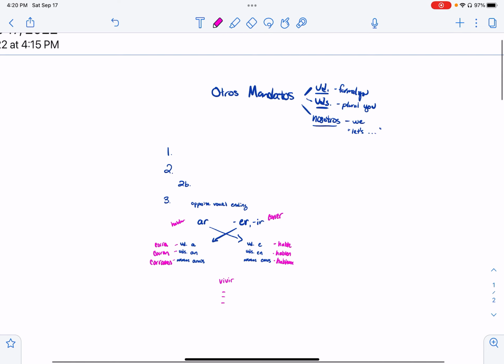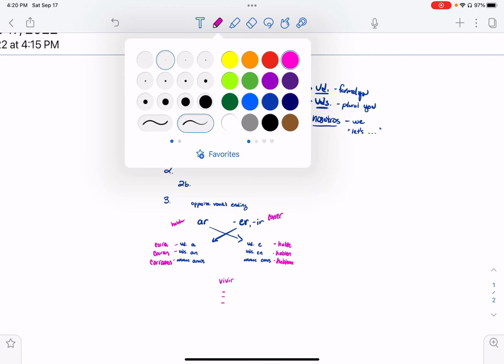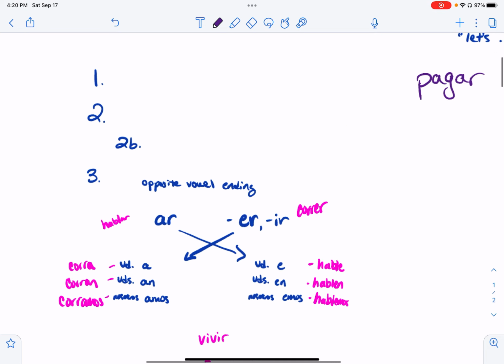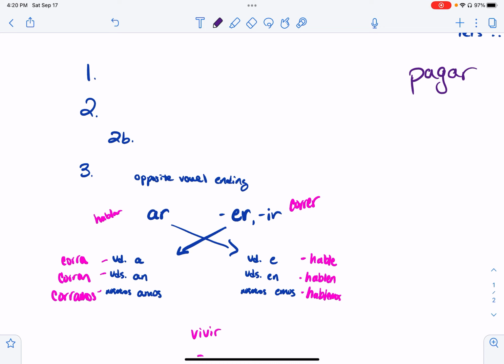And then just for an example, let's do the verb pagar, because that one is a cargar verb. All right, so pagar, step 1, pago. Step 2, pag. Step 2b, change the G to GU.